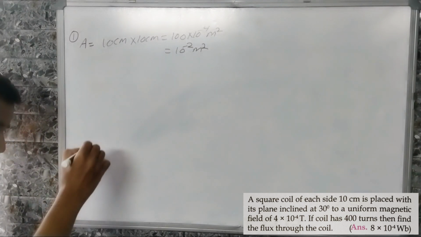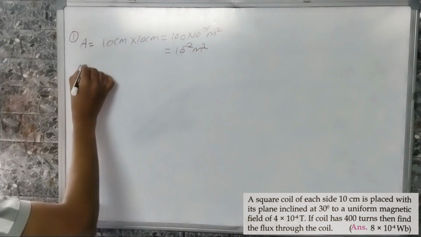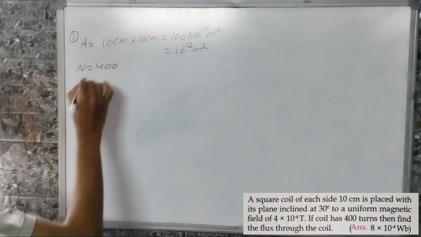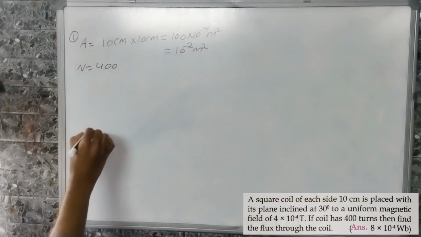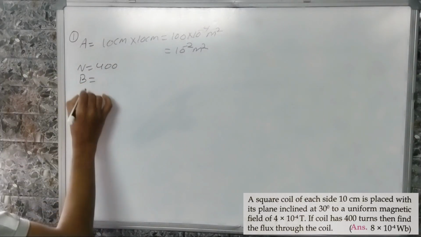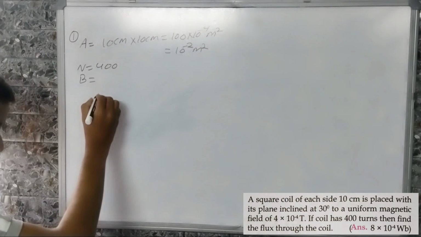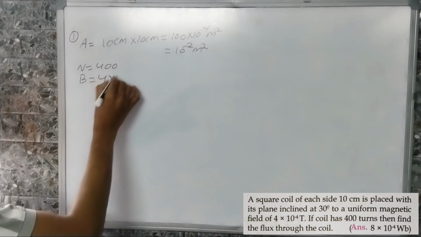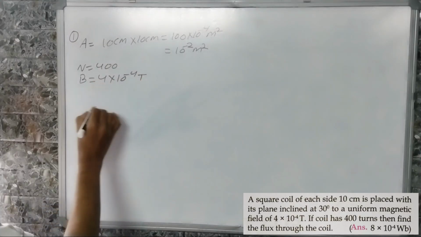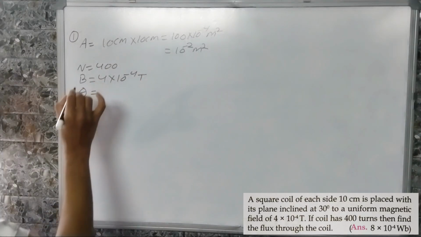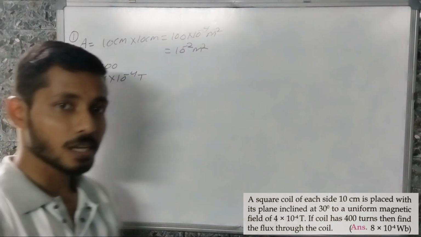Again given, number of turns is equal to 400 and magnetic field B is equal to 4 into 10 to the power minus 4 Tesla and angle theta is the 30 degree.